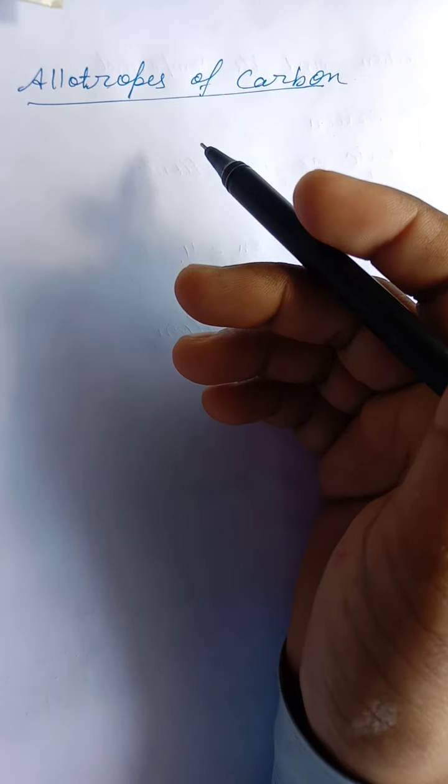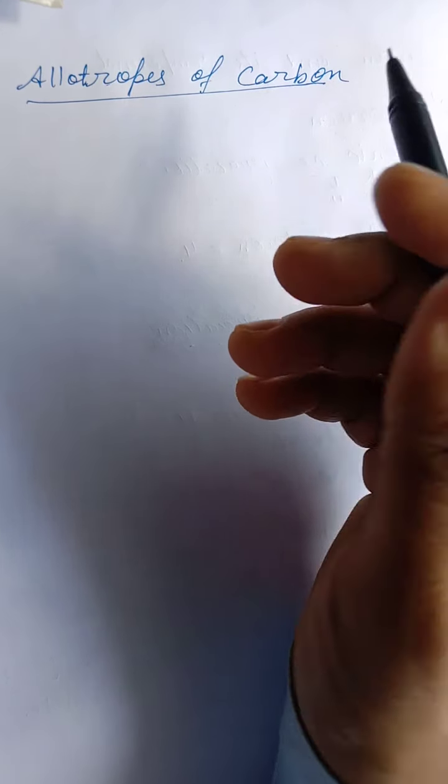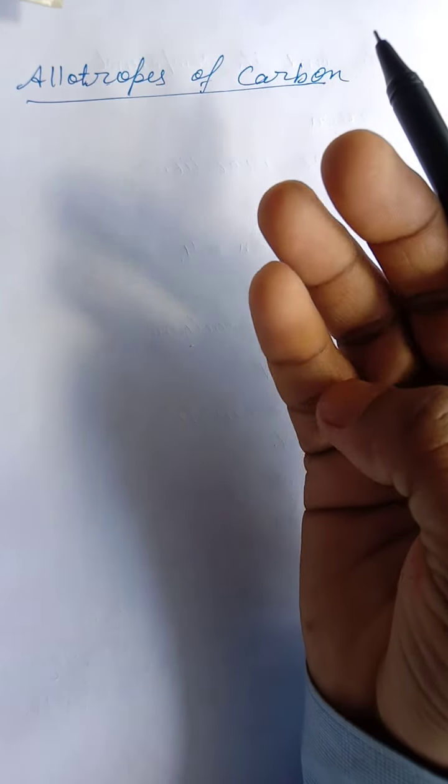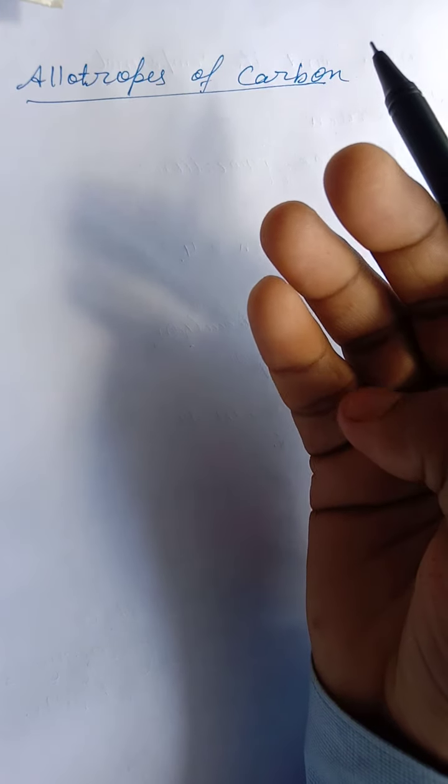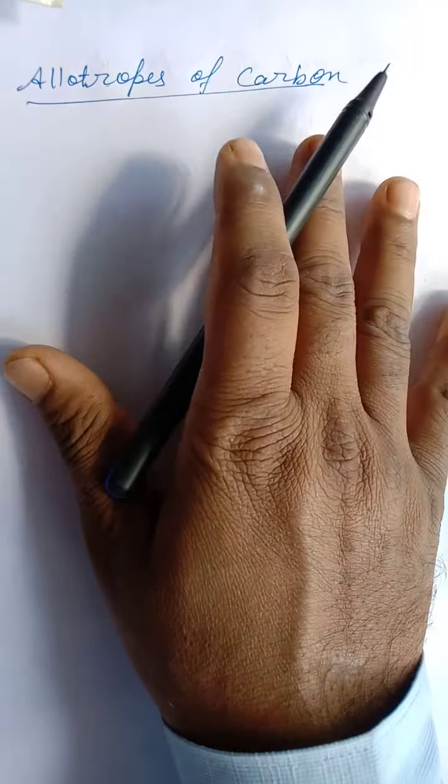Some chemical properties are the same, but mostly they have different physical properties. This carbon may be graphite, maybe diamond, maybe Buckminsterfullerene, which is said to be C60, etc. We will discuss one by one.